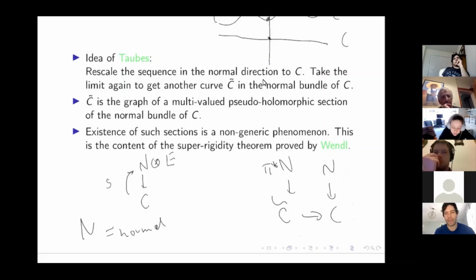And now sections of that will correspond to sections of N twisted by a flat bundle, but you have to allow orbifold bundles. So you encode the singularities of this branch cover in orbifold structure on C, and then E is an orbifold local system. I see. Right. Thank you.